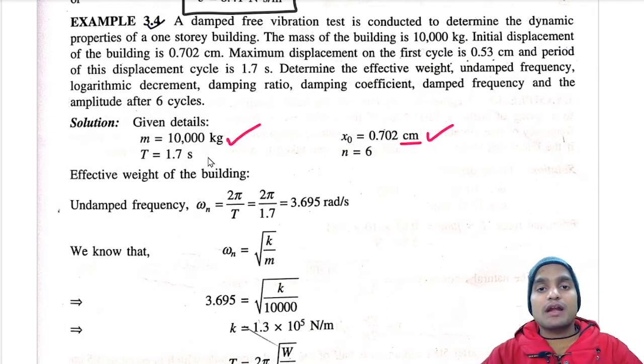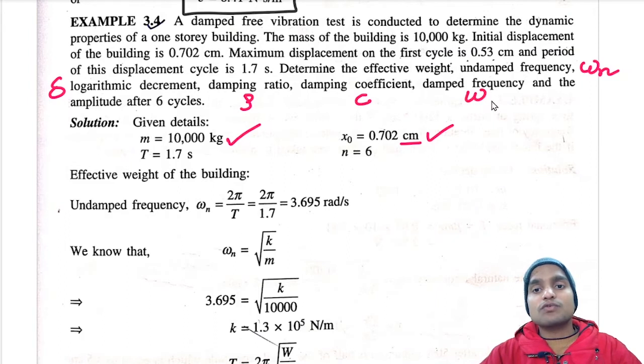We have to determine almost everything: effective weight, undamped frequency omega n, logarithmic decrement delta, damping ratio rho, damping coefficient c, damped frequency omega d, and the amplitude after 6 cycles, that means x6.